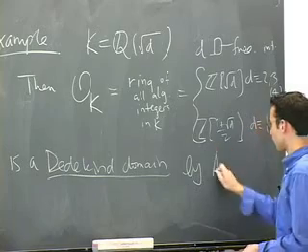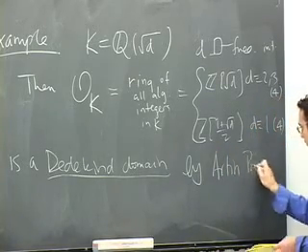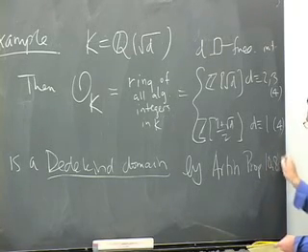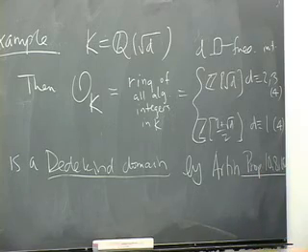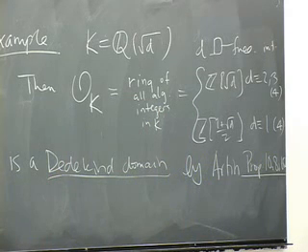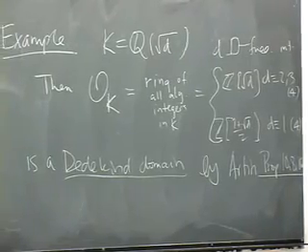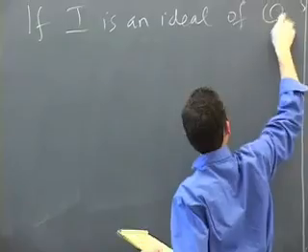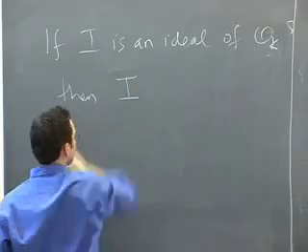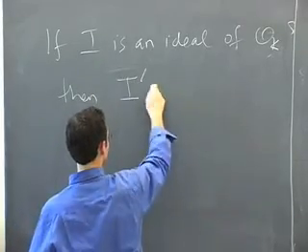in the guise of Artin's Proposition 10.8.10. Because what Proposition 10.8.10 says is that if I is an ideal of O_K, then I think Artin uses the notation bar. To be consistent with Professor Gross, I'm going to use the notation prime.